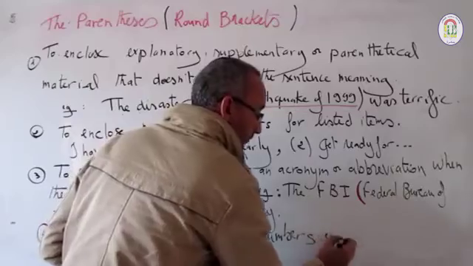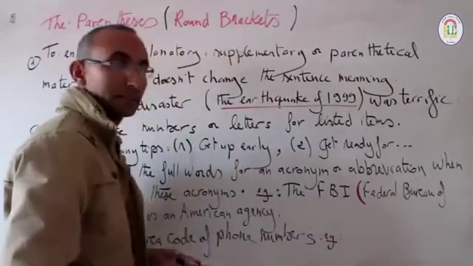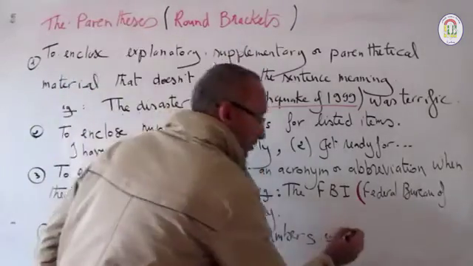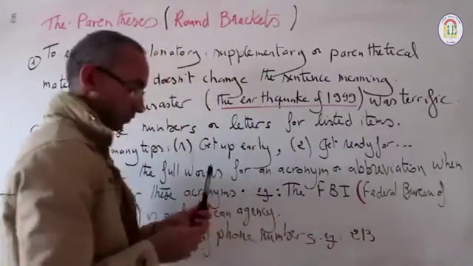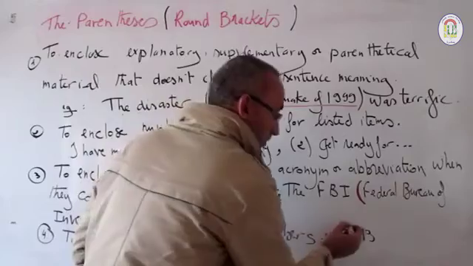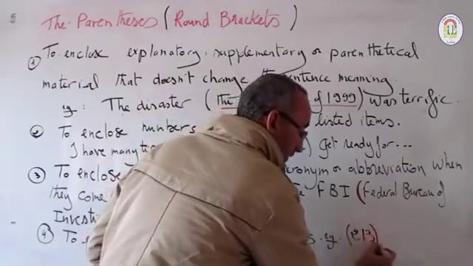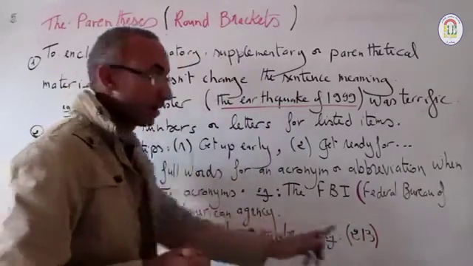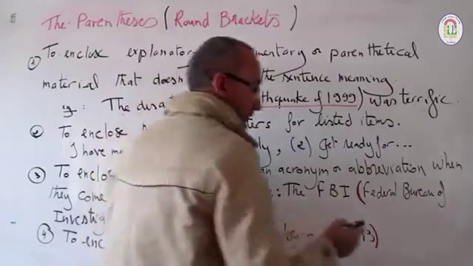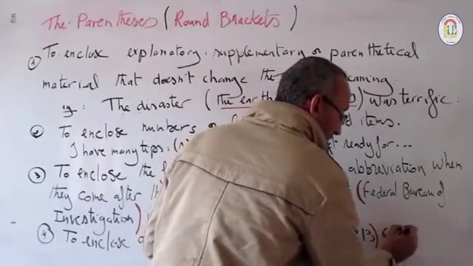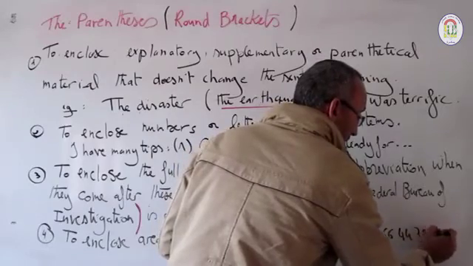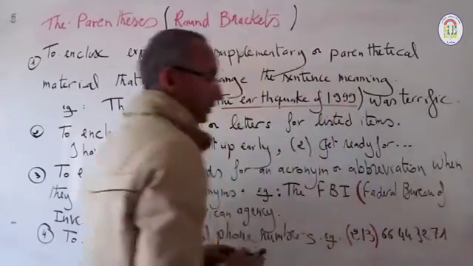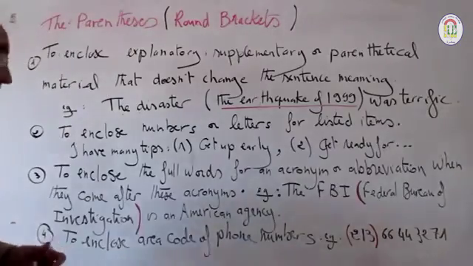Example, for Algeria our area code is 213. You put it between two parentheses, then you remove the 0 as you know, and you write directly the number. Alright.